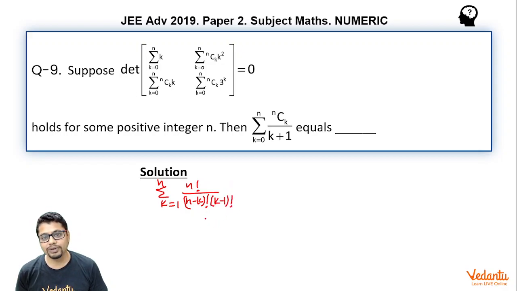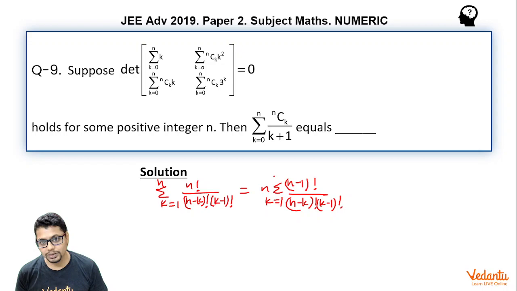So if you see carefully, n I can take out and it becomes n minus 1 factorial divided by n minus k factorial, k minus 1 factorial, k varying from 1 to n.